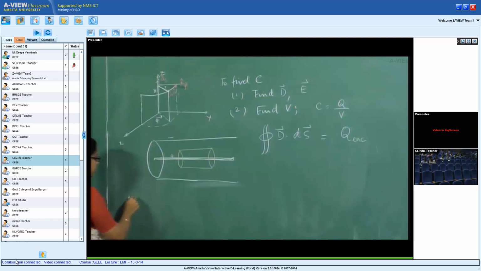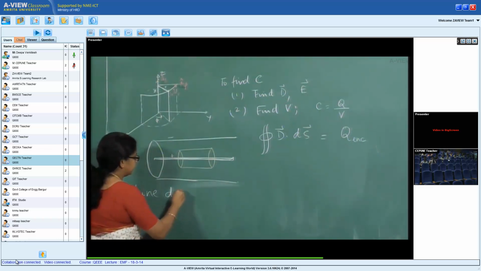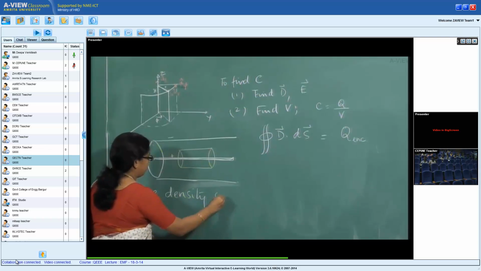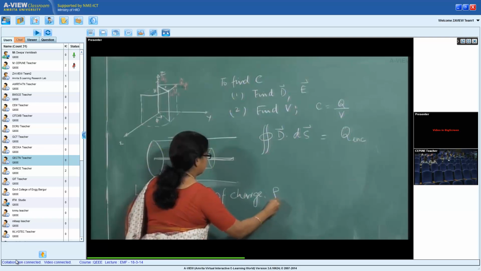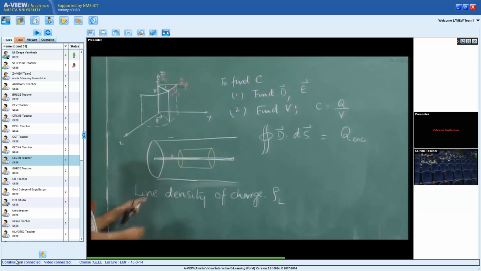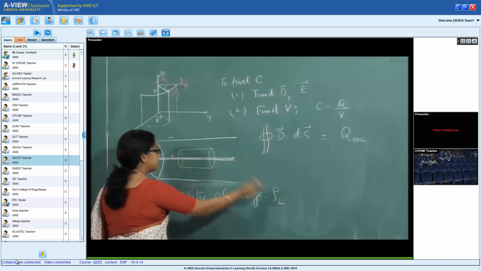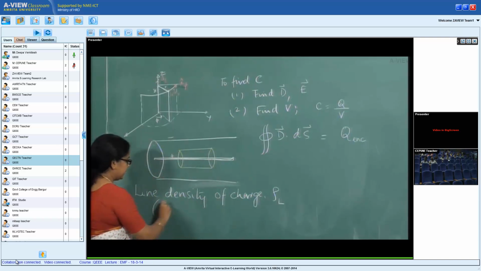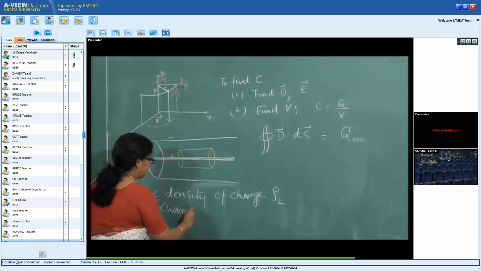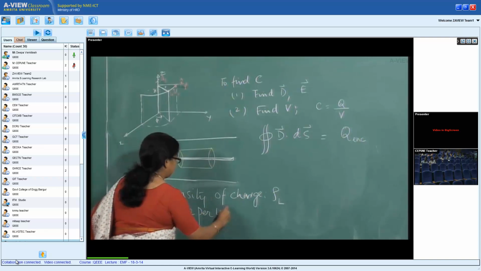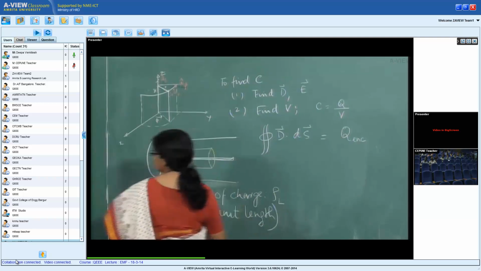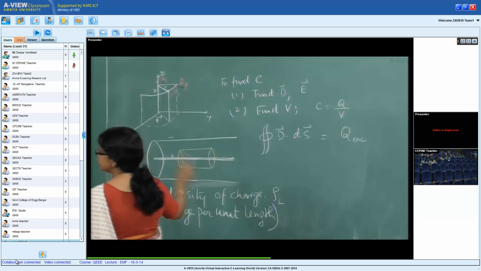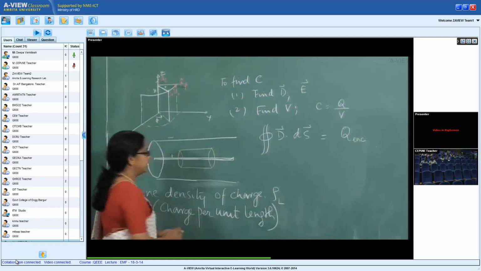So what I am doing is, I am defining a line density of charge as rho L. I say that per unit length the charge is rho L. So line density is the charge per unit length.